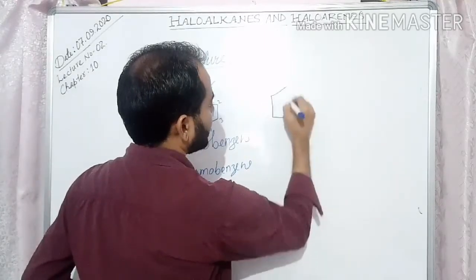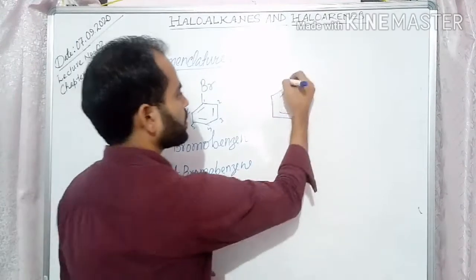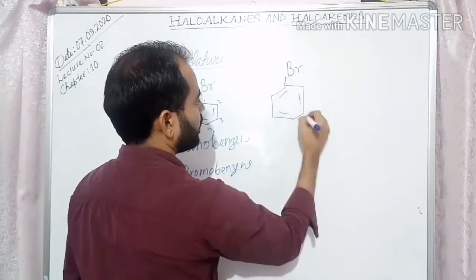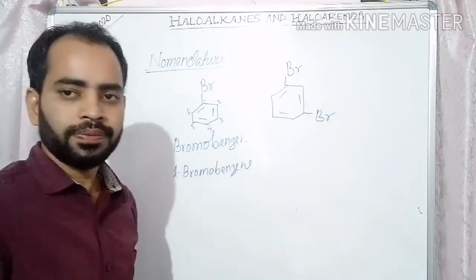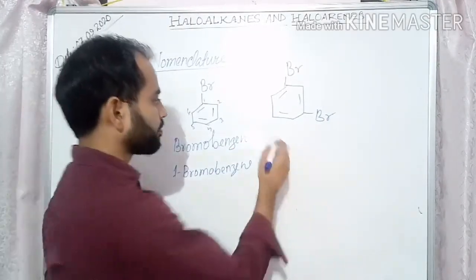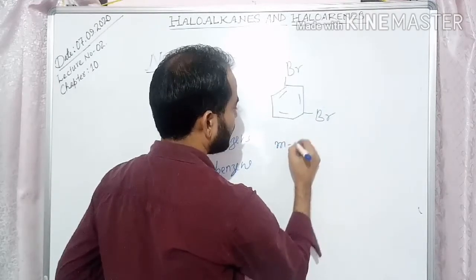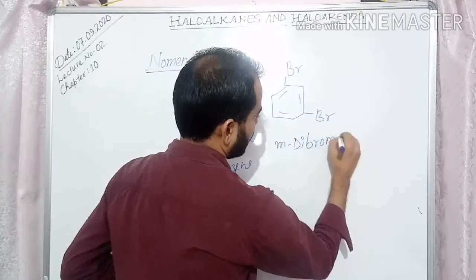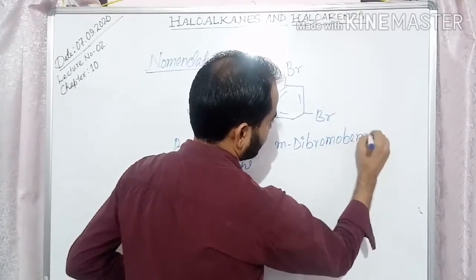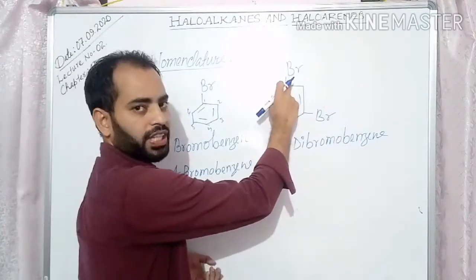Similarly, if there are 2 groups, suppose one here and one here. For this molecule, the common name is meta-dibromobenzene. This is the first position.